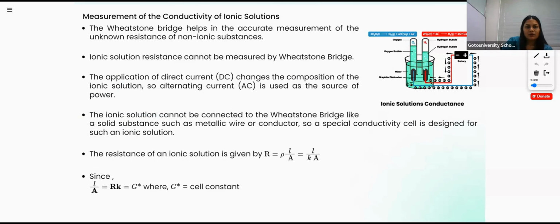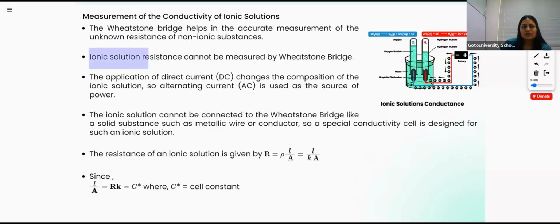Now let us move on to how we measure the conductivity of an ionic solution, or how we calculate the ionic conductivity. To understand this, first we need to discuss what a cell constant is. Now, the Wheatstone bridge helps in the accurate measurement of an unknown resistance of a non-ionic substance.